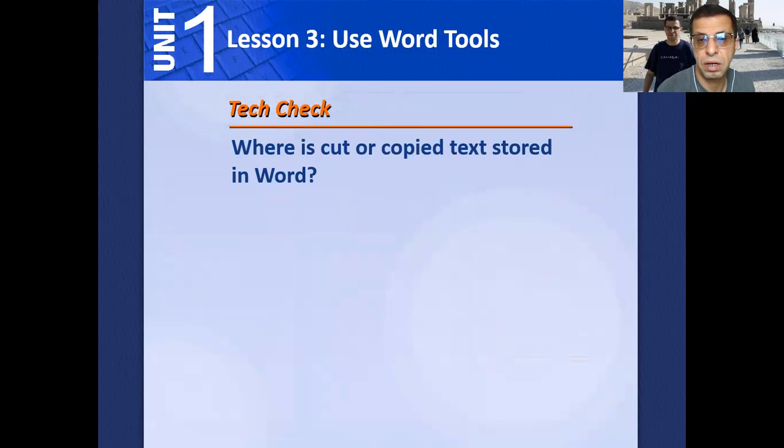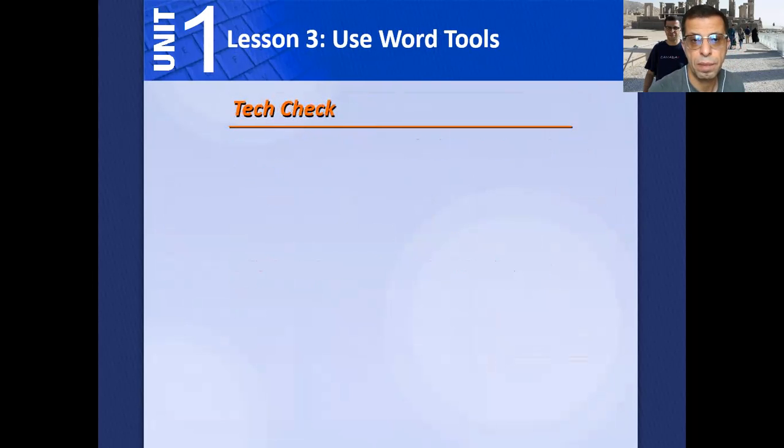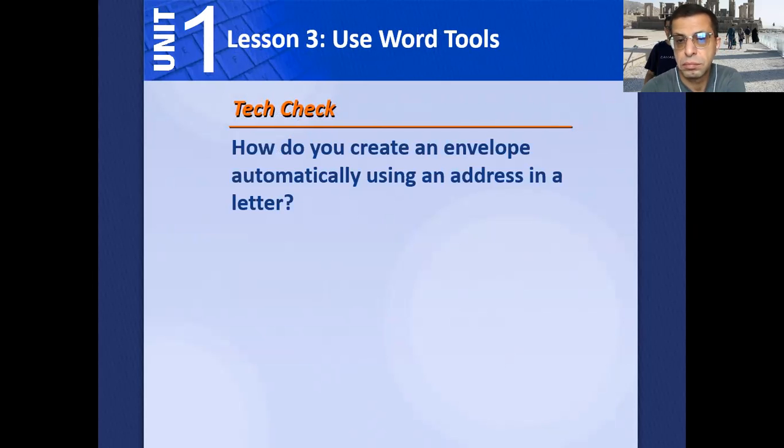Where is cut or copy text stored in Word? Cut and copied text is stored on the clipboard. How do you create an envelope automatically using an address in a letter? Your answer?